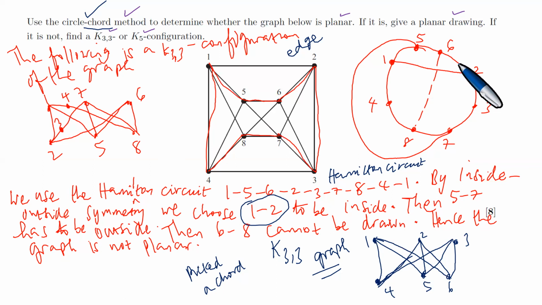Because we drew the 1, 2 there, you can see that 1, 2 is an edge of the graph, but as drawn there, it's a chord. But if you look at 1, 2 in the Hamilton second, it's something else. The 1, 2 is not just successive vertices in the Hamilton second. Just note that.